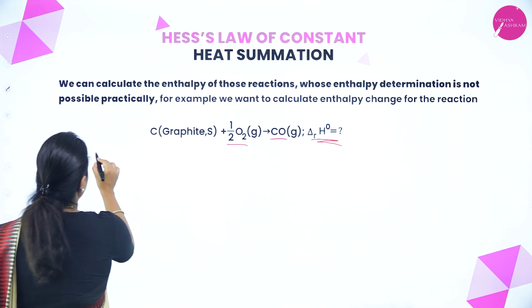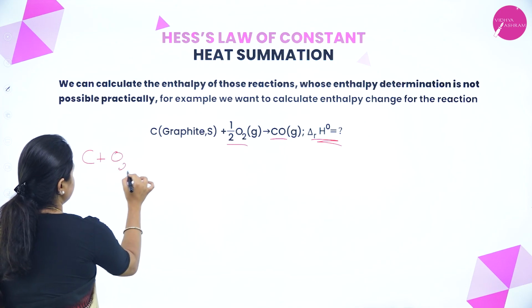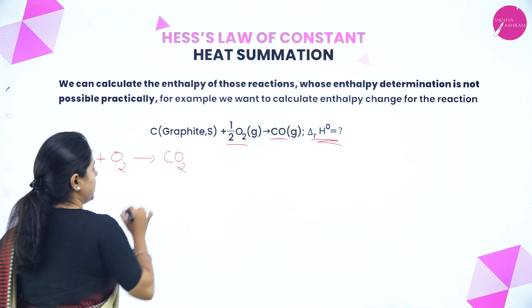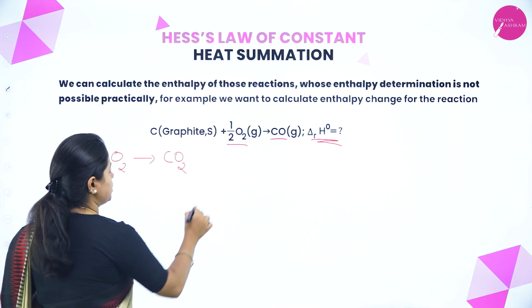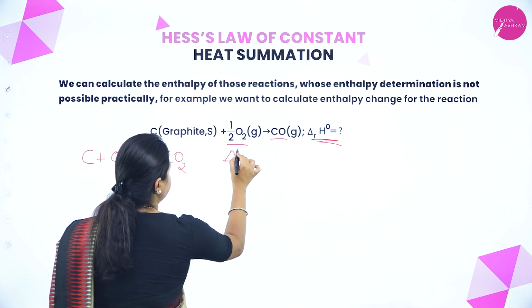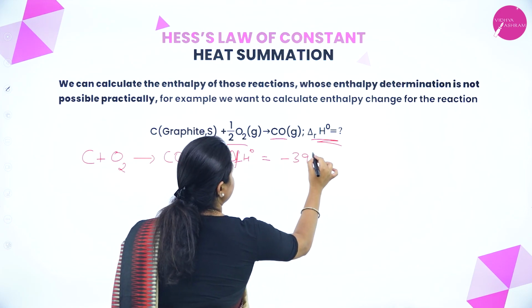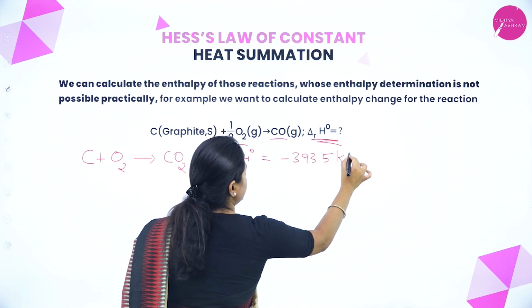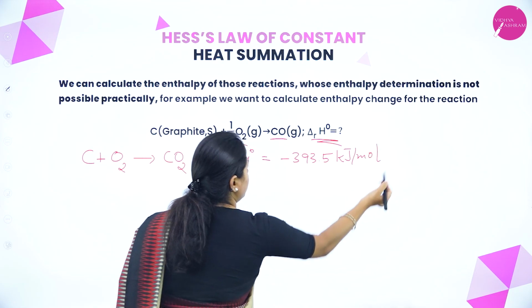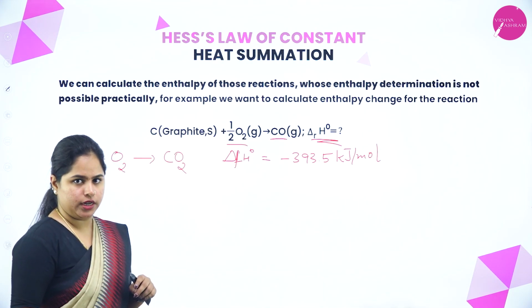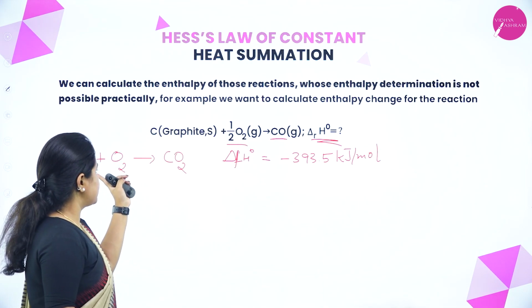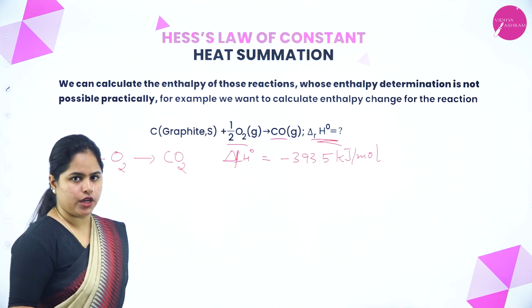One of the reactions is carbon and oxygen gives carbon dioxide. The enthalpy of formation of this reaction is minus 393.5 kilojoule per mole. So that is carbon plus oxygen gives carbon dioxide.